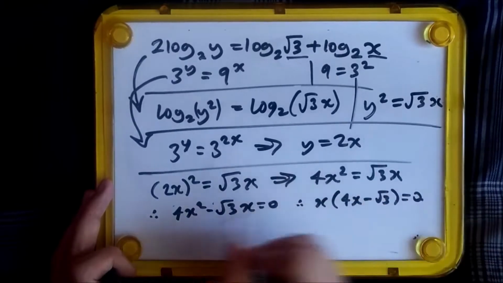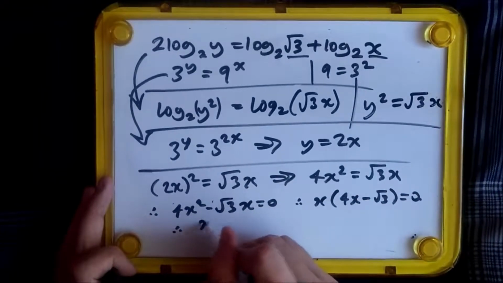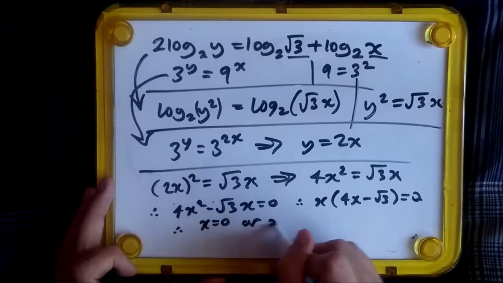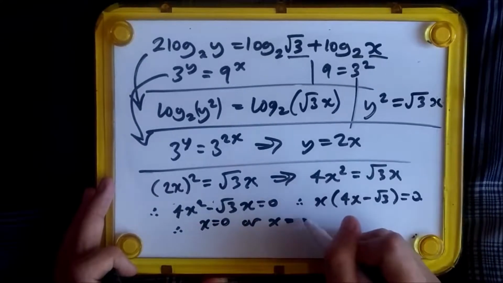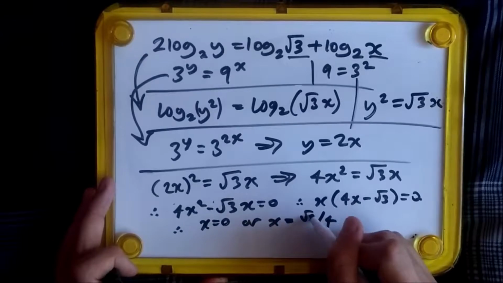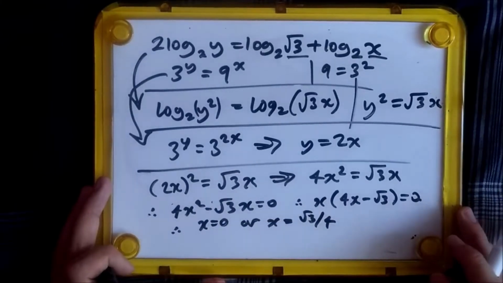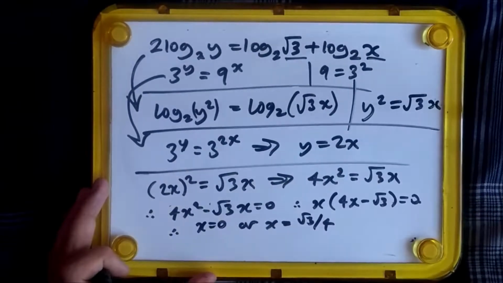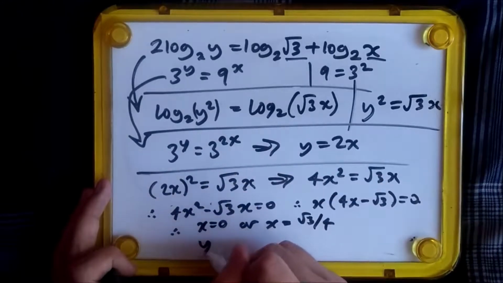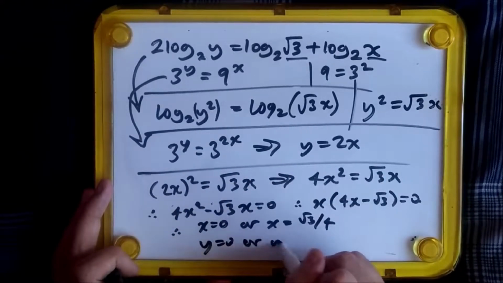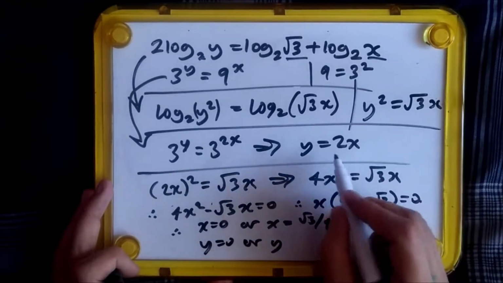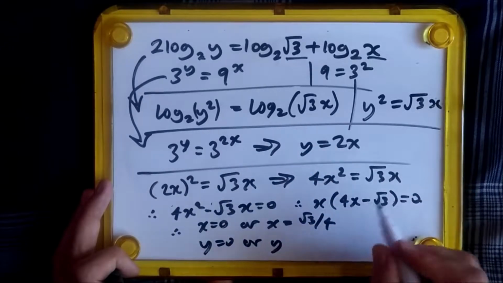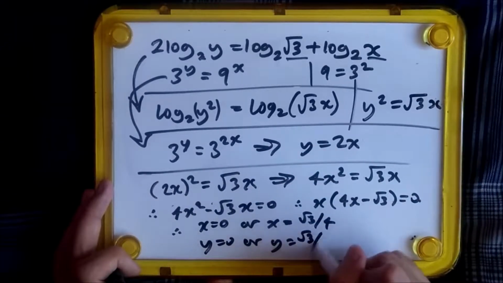Hence our solutions are x equals 0 or x equals root 3 over 4. Not bad. Then popping this into the y equation, when x is 0, y is 0, or when x is root 3 over 4, we have 2 times root 3 over 4, which is simply root 3 over 2.